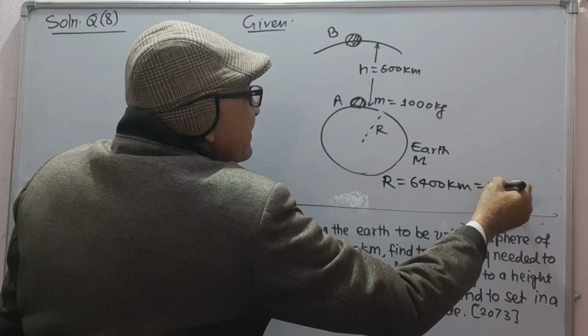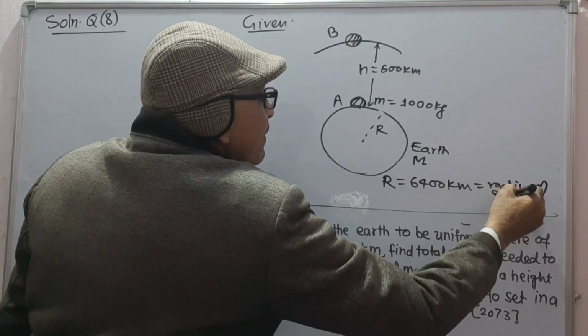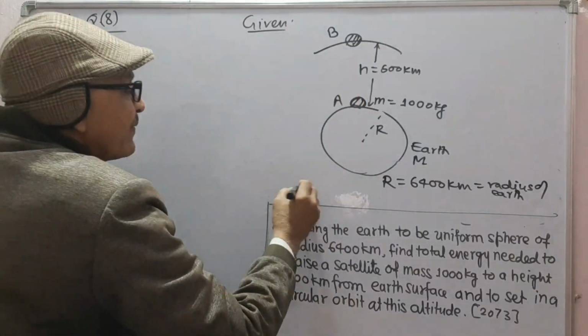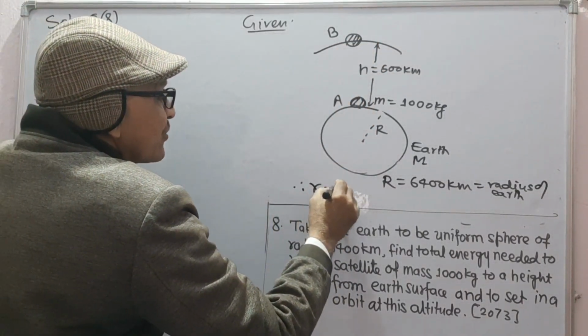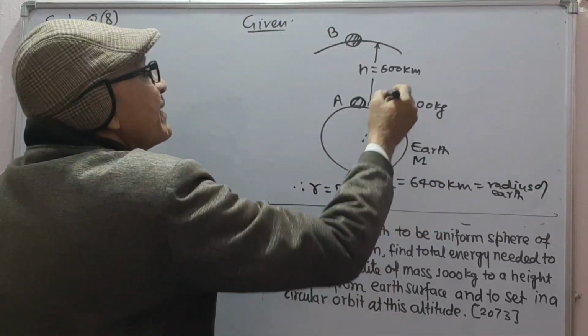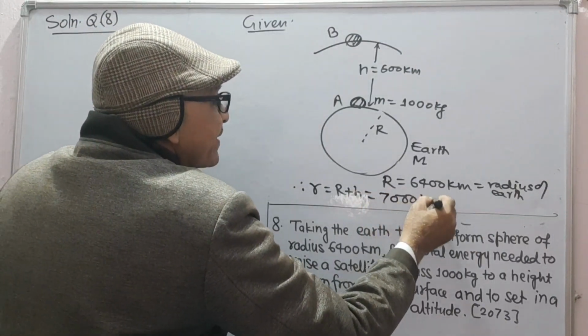This is the radius of Earth. Therefore, the radius of orbit will be equal to capital R is equal to R plus h, 6,400 plus 600, which means 7,000 kilometers.